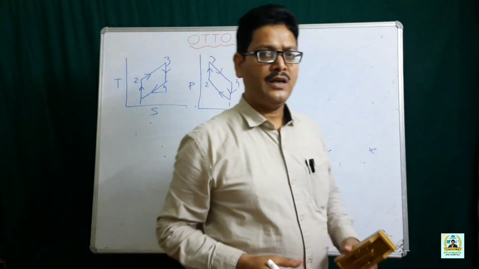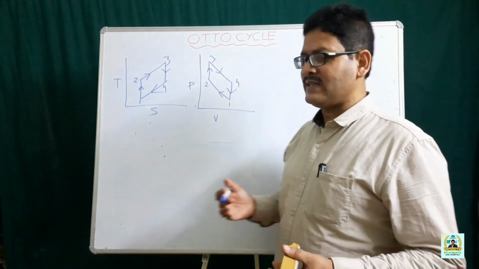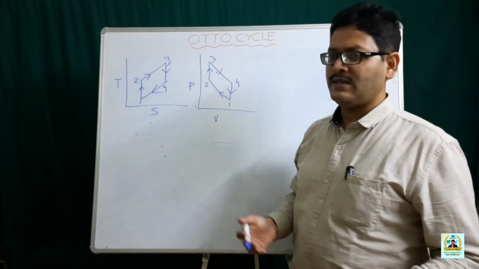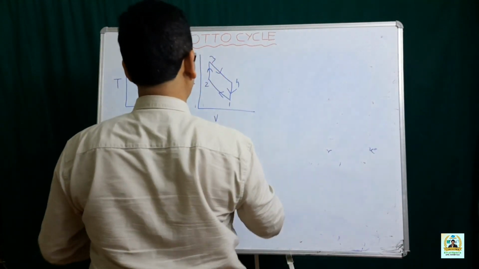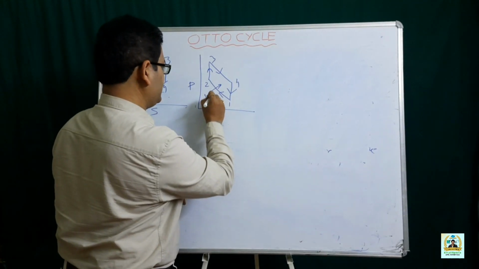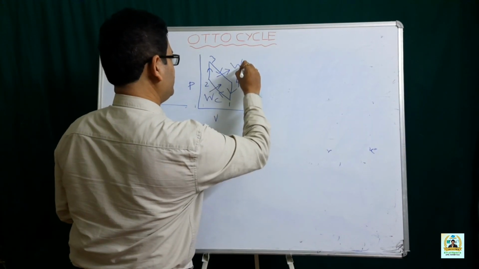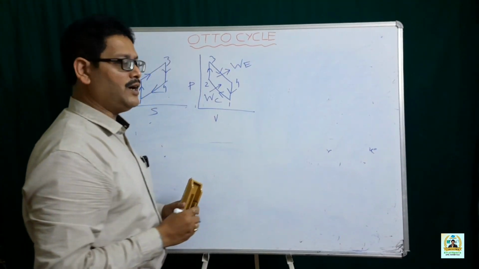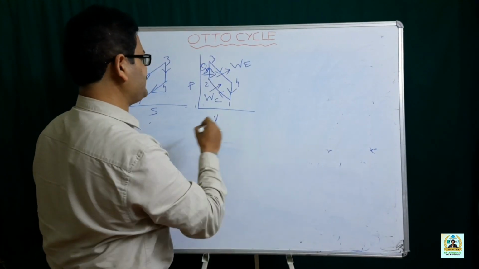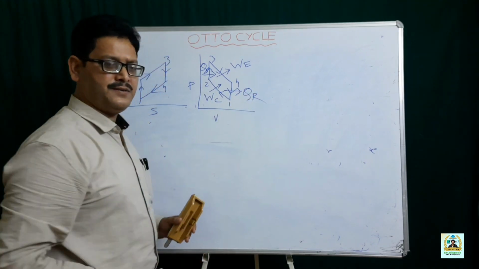Now, how do we calculate the thermal efficiency? For that we need to consider the work and heat interactions. In the compression process you are doing work, that is WC, and in the expansion process this is the work output. This is the heat supplied, QS, and this is the heat rejected.